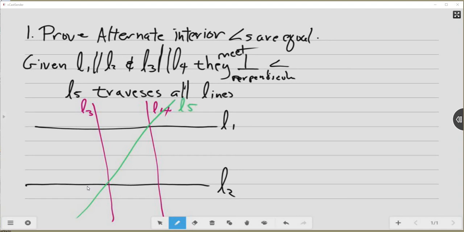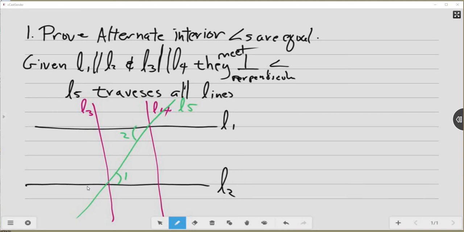Now, you can see that L5 actually intersects all lines, and this is the definition of alternate interior angles. This angle is congruent to this angle.